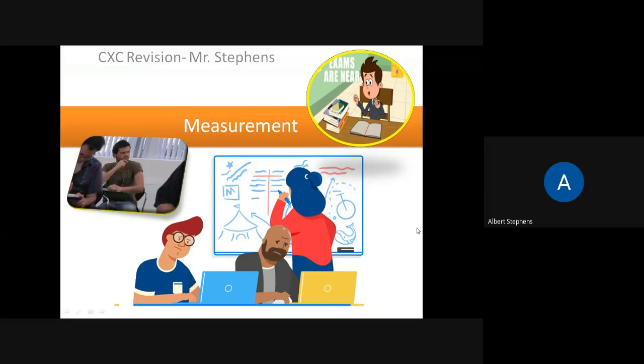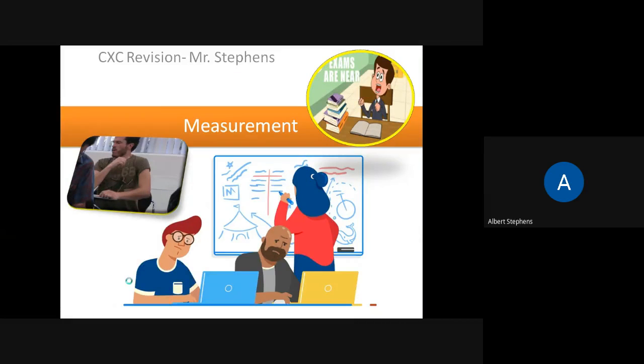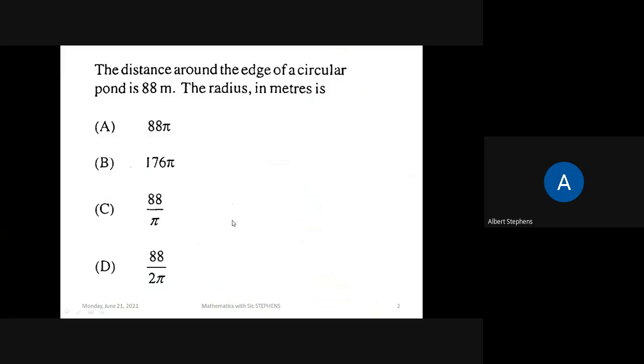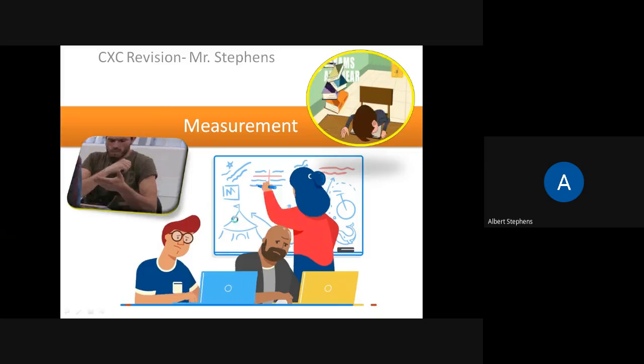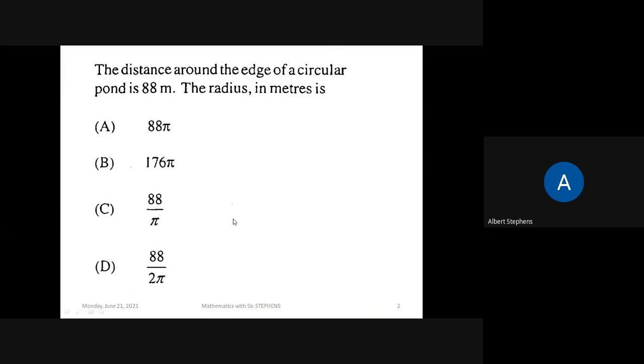All right. So let's look at this. That's the first question. So the distance around the edge of a circular pond.